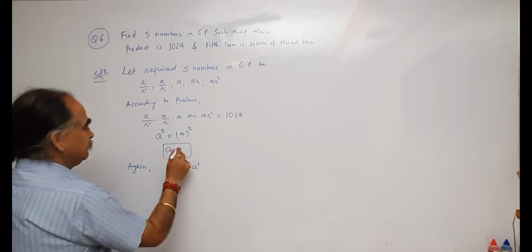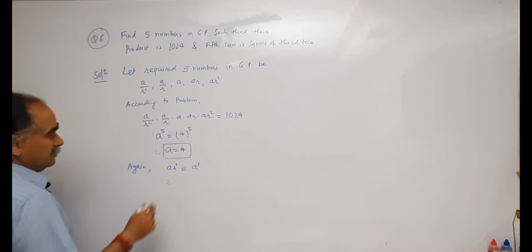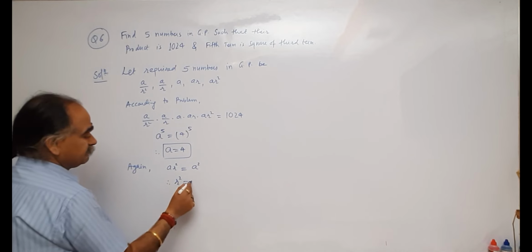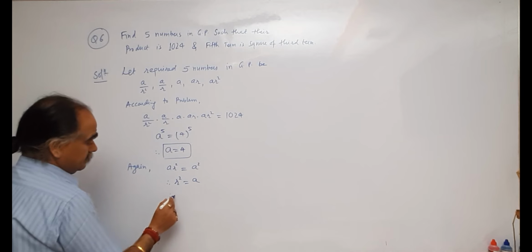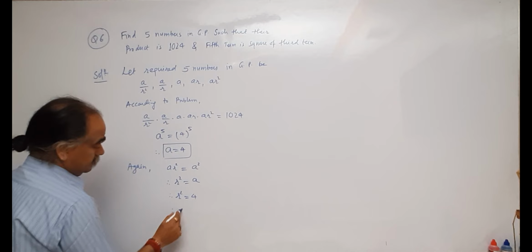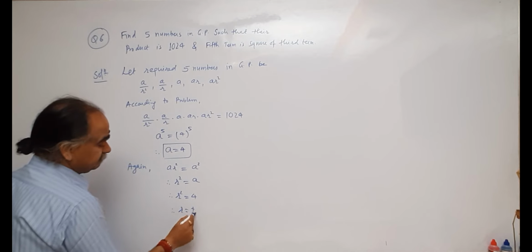R square is A, and A is 4, so R square will be 4. R will be plus or minus 2.